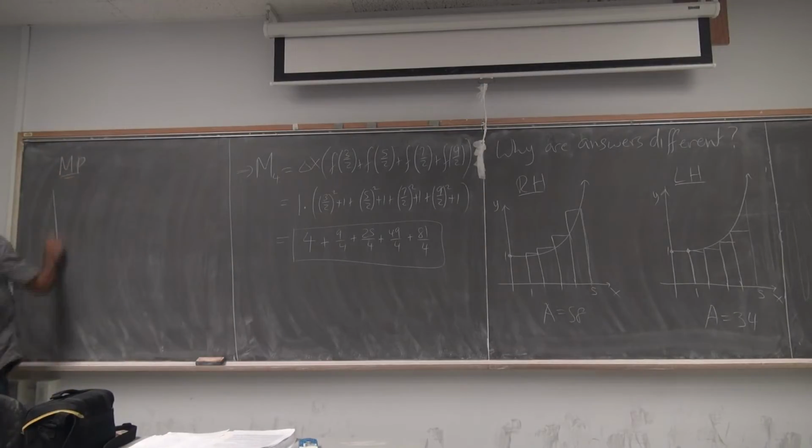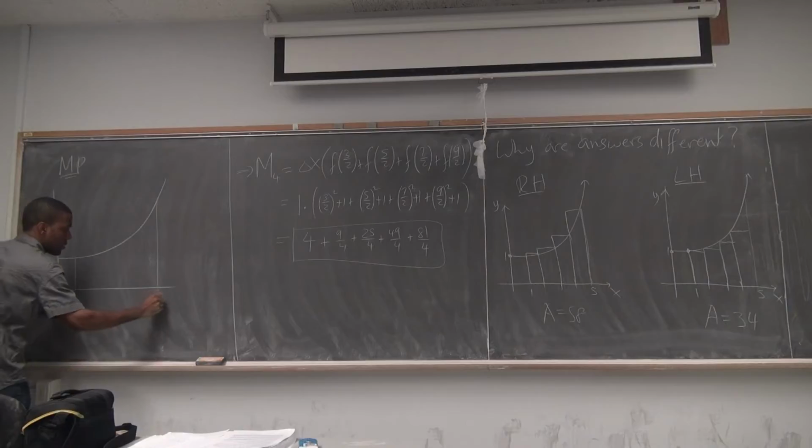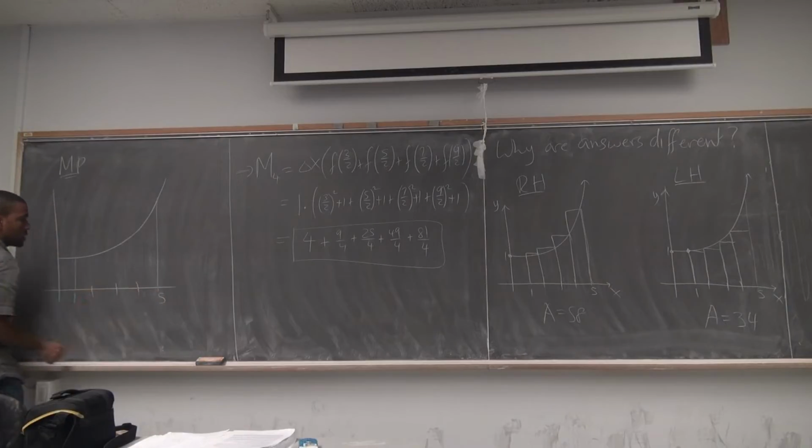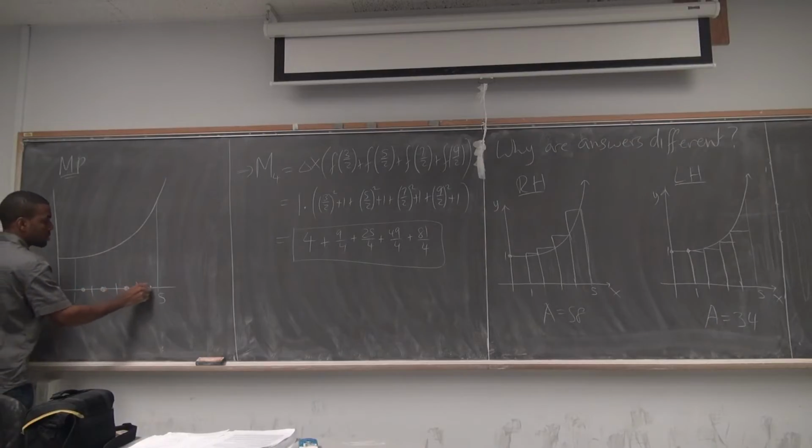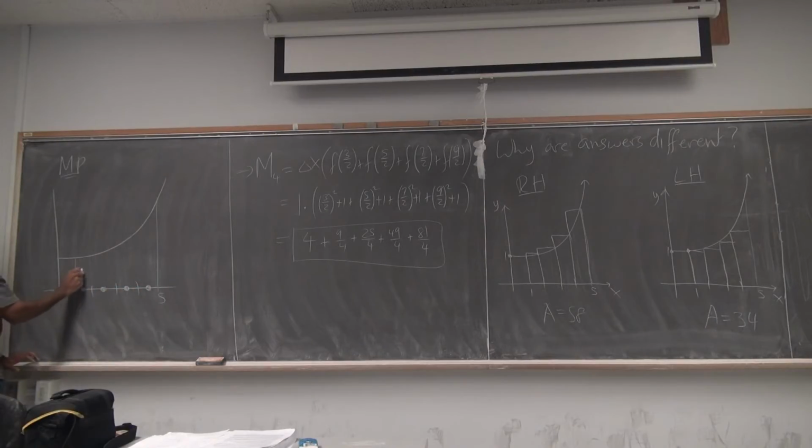Look at the midpoint. There's 1, there's 5, we're cutting into 4 sections. But I don't use those sections, I use the middle. And then that creates the area of the rectangle.